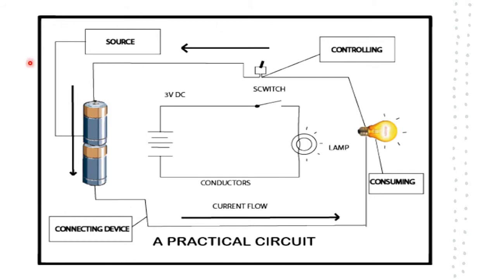Now try to look at the diagram shown. We have here the source, and I know all of you know this one. This is a battery. Then the current is flowing to your consuming devices.